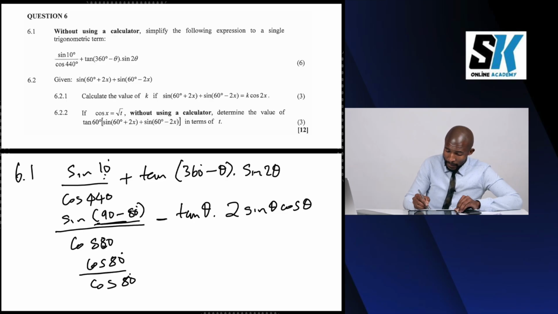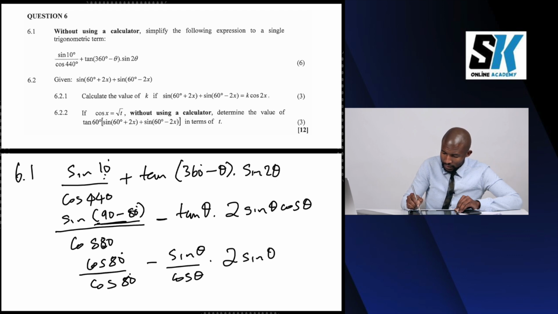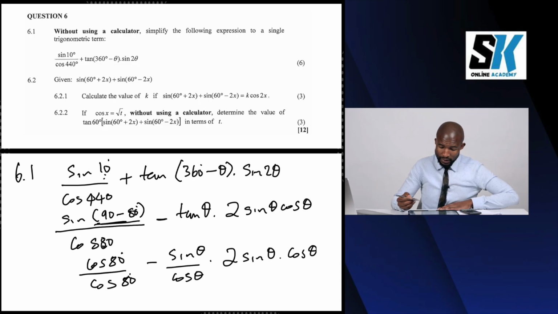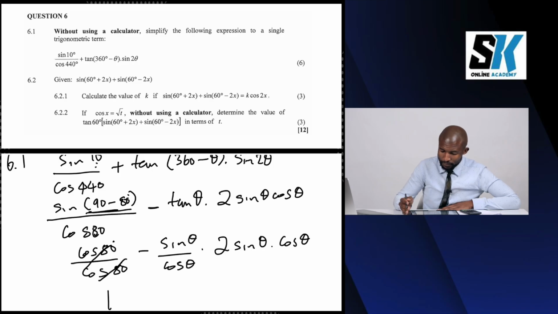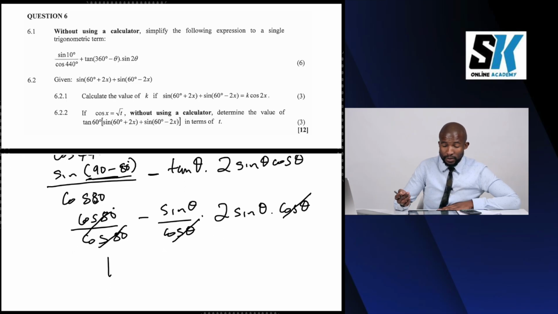And then minus, so we know that tan is sine theta over cos theta, times 2 sine theta cos theta. Now we can do our cancellation. This one and this one give you a 1, and the cos and cos cancel as well.